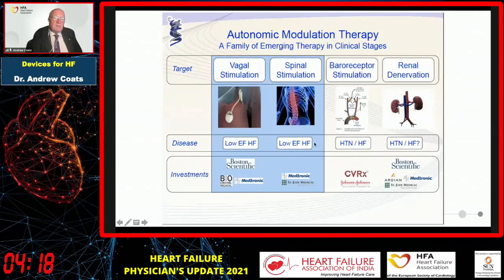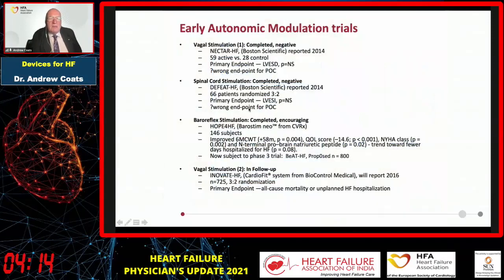The trials are small. None of these companies are very wealthy. And so some of these early trials, very small numbers, 59 active versus 28 control for vagal stimulation, 66 patients for spinal cord stimulation, 146 for baroreflex, and the largest one, 725 for vagal stimulation.